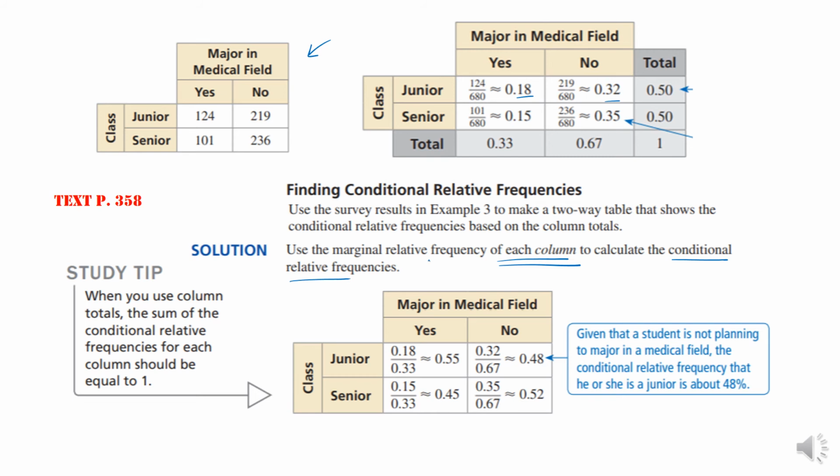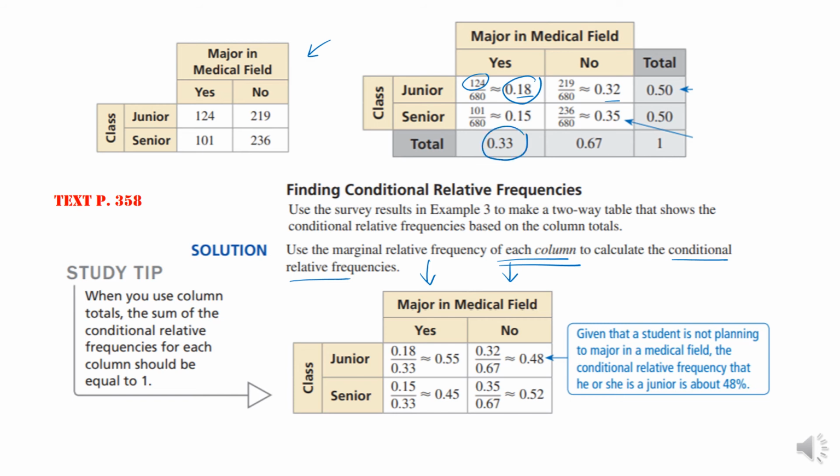So we're going to be going this way, okay? So we're going to take, and they did it a little bit differently. I showed you taking this over the total of the column, but they're just taking the percent. So they're taking 0.18 over the total of that column.